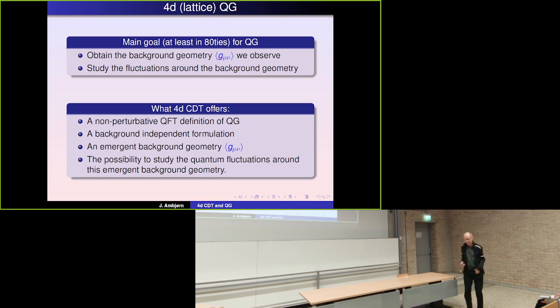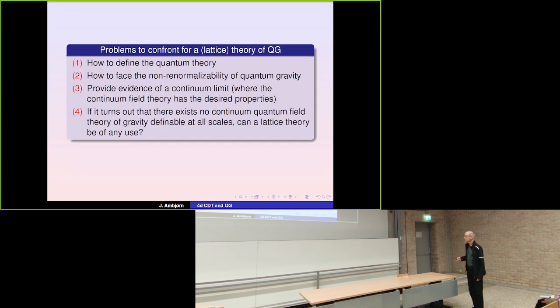It's our task to prove that it eventually can be viewed as quantum gravity. It's a background independent formulation, and what it also offers to us, as I will explain here, is an emergent background geometry and the possibility to study the quantum fluctuations around this emergent background geometry. So pretty good from this point of view.